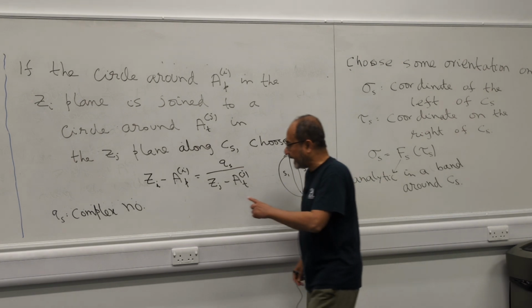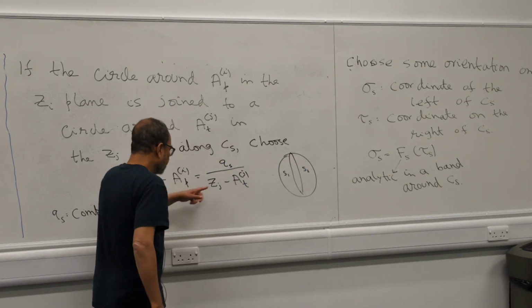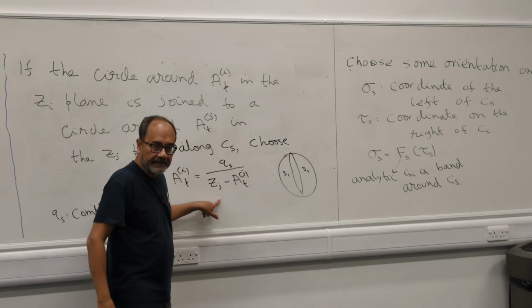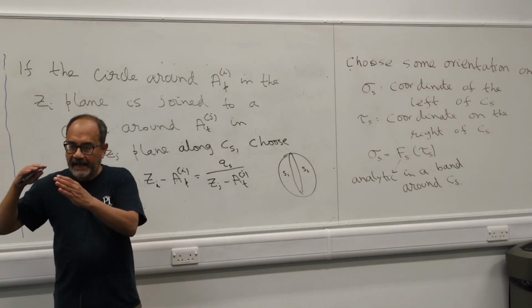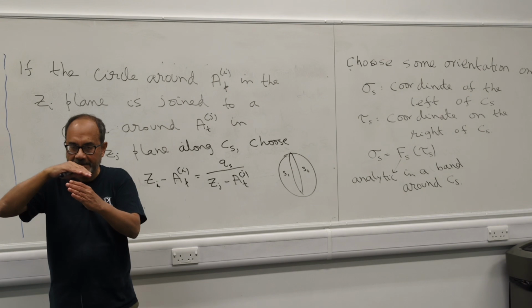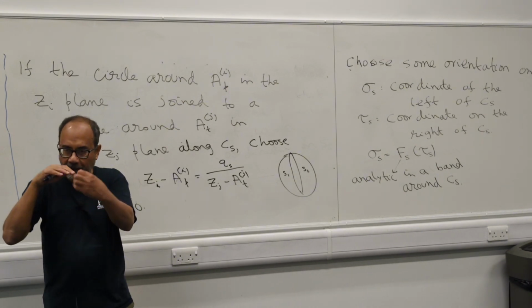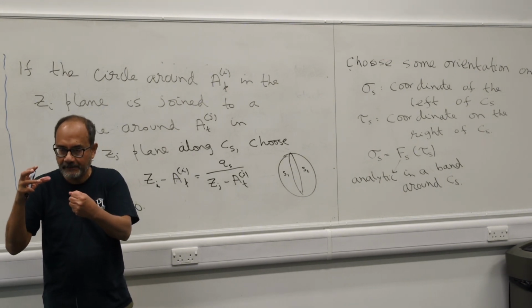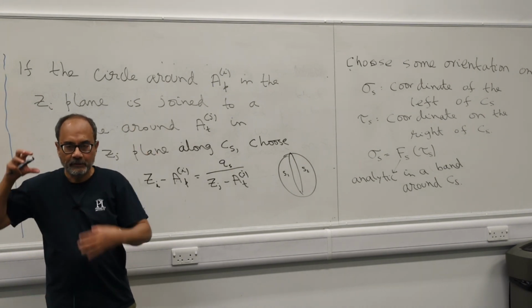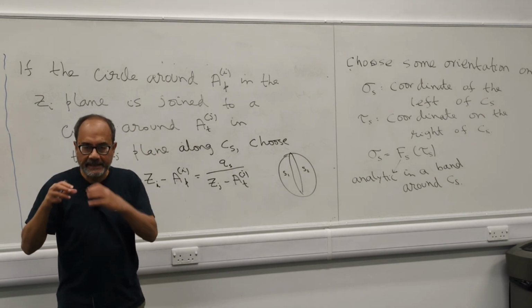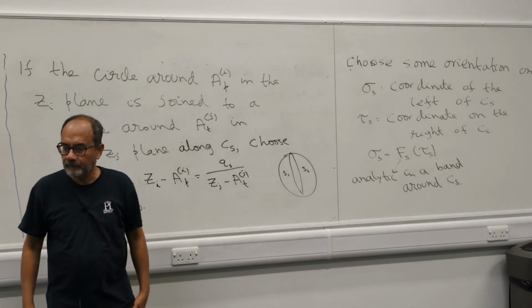So you see from here that as Zi approaches AIP, Zj goes away from AJT. So as you are going towards the center of the hole from one circle's perspective, from the other circle's perspective you are going away from the center of the hole. So as you go in from one side, you come out from the other side.